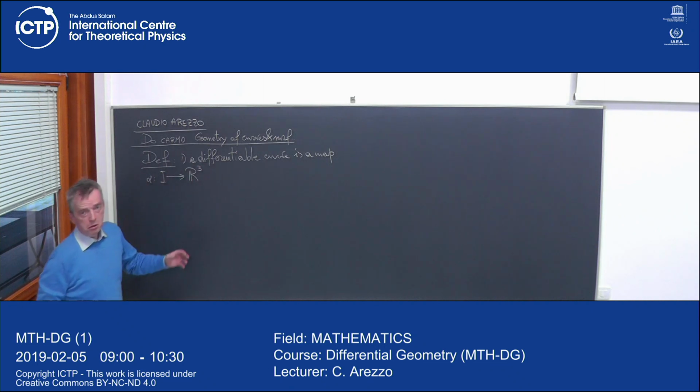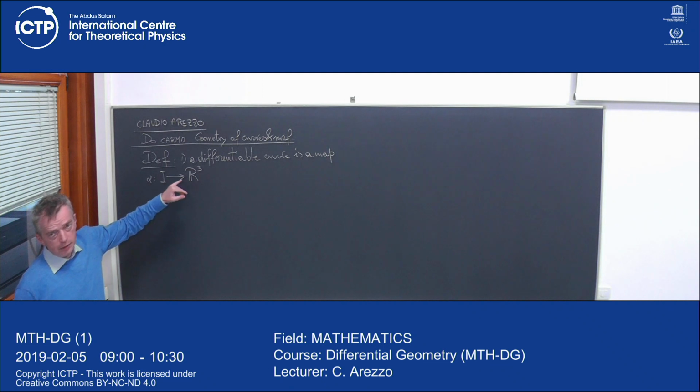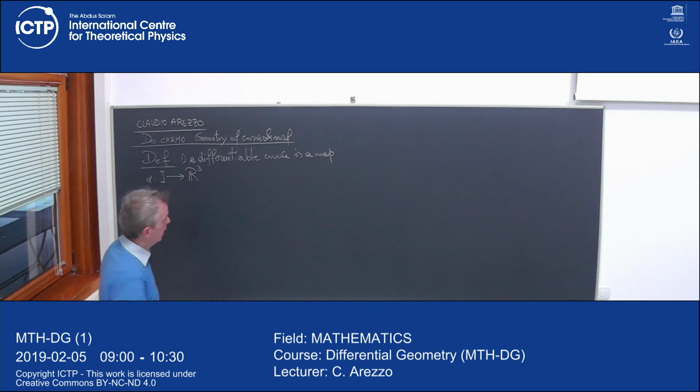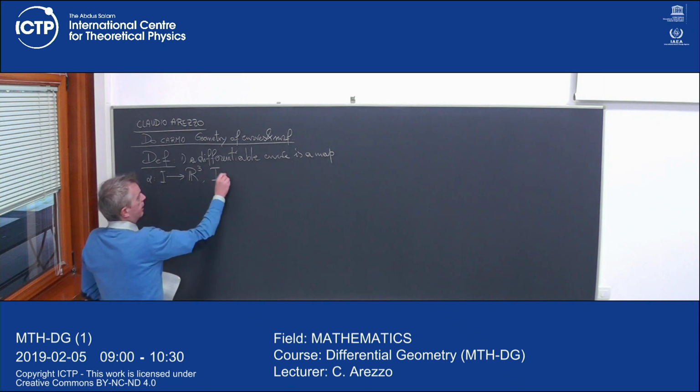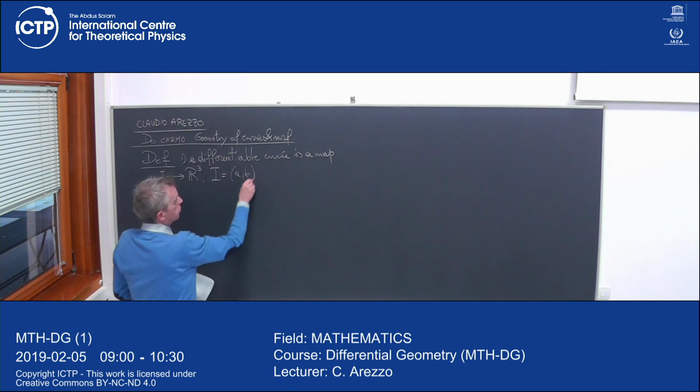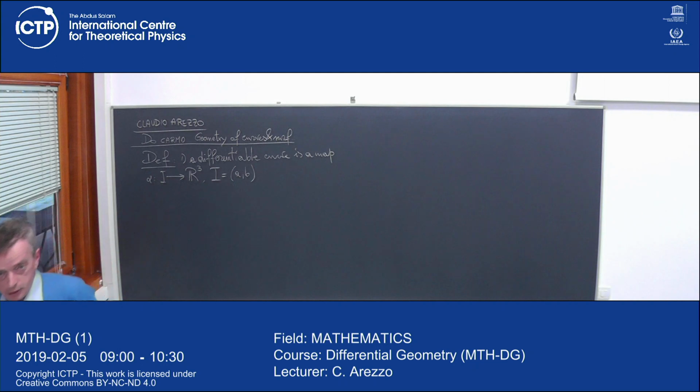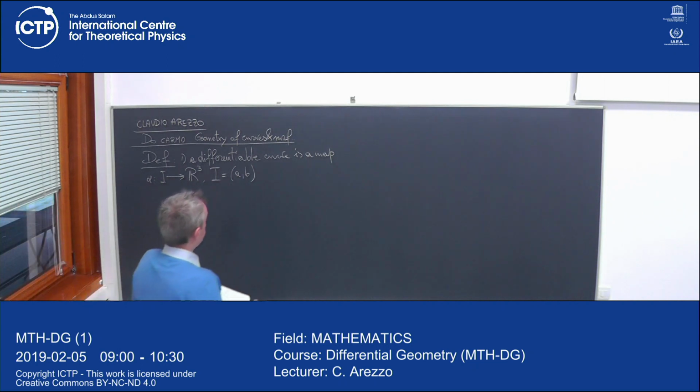and just a quick comment, I will describe a little bit the theory of curves in R3. If you want to describe the theory of curves in R27, go ahead, no changes. Here I is just an interval, and this could be finite or infinite, I don't care. A and B could be plus or minus infinity, there is no problem.